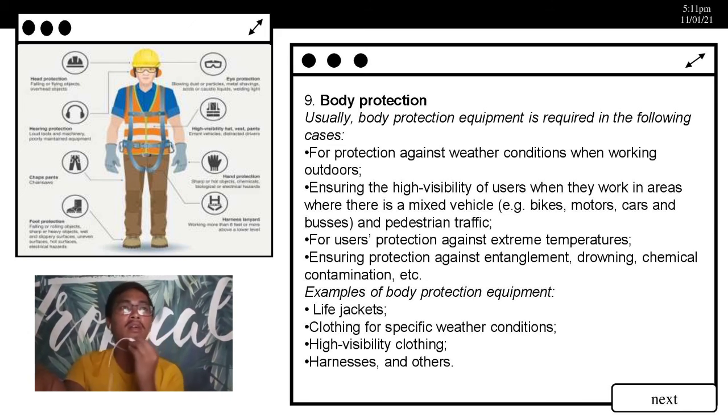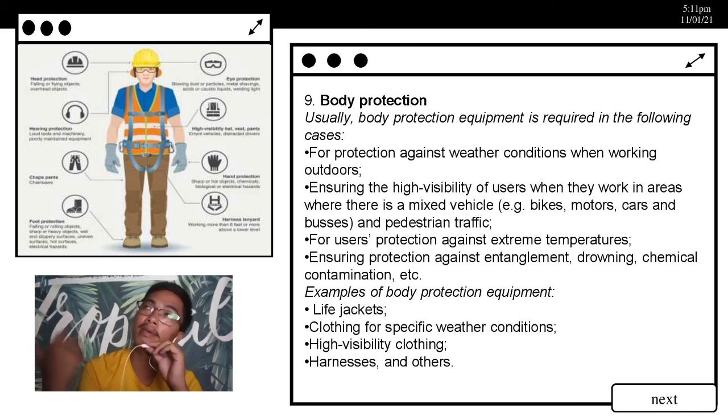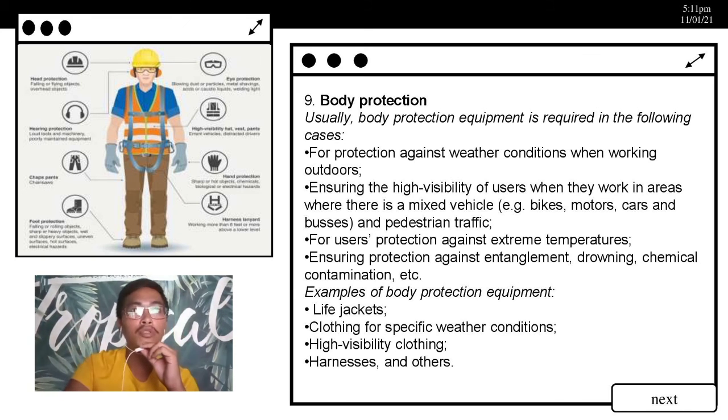This body protection equipment is usually required in the following cases. So what are these for? First, for protection against weather conditions when working outdoors. So if you are working while hanging, for example on a building, cleaning windows, and the weather conditions are bad with very strong wind, it will protect you from falling.